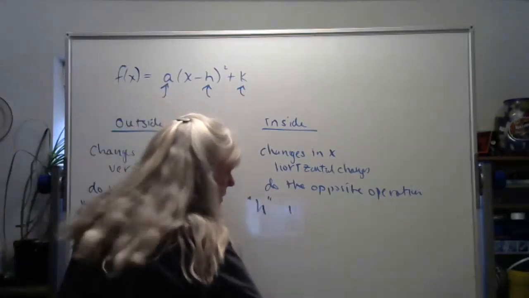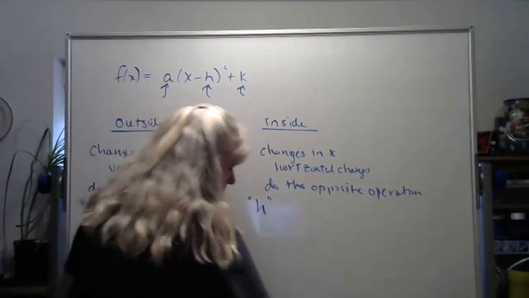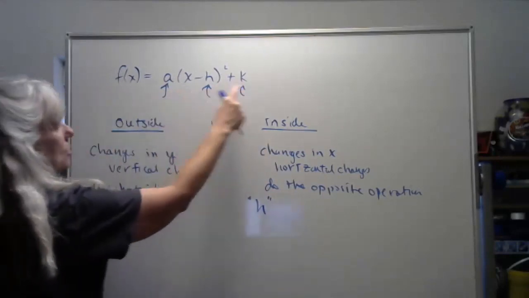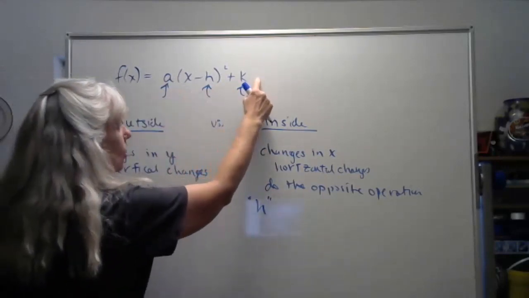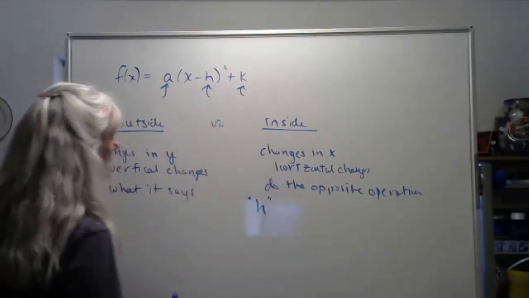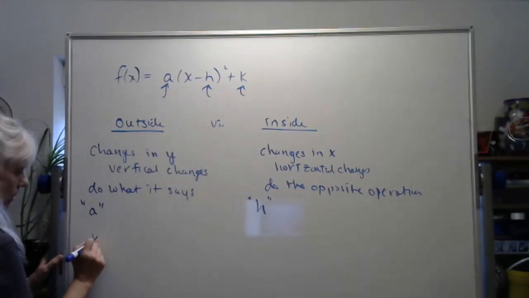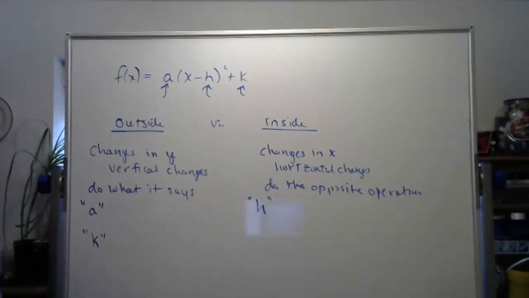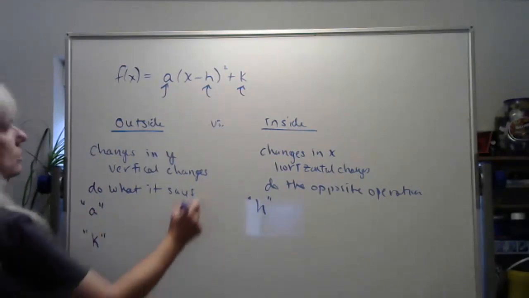So I'm going to put it over on that side. Then finally, the only other thing that we could see would be something added or subtracted after the squaring, or after the set of parentheses. So then the k is going to be over here on the outside. Okay, so we put them where they belong in terms of our little analogy.